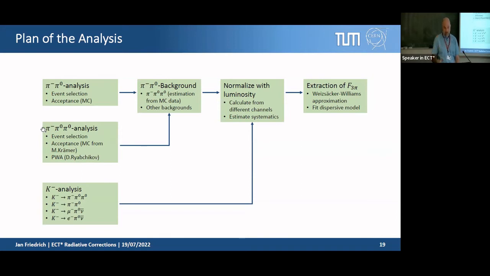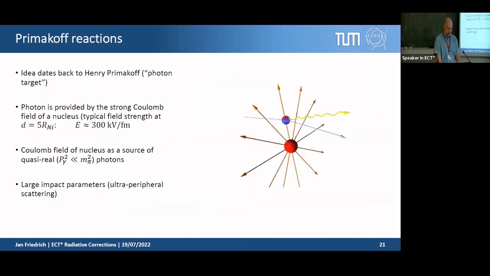Of course, this channel is interesting by itself, understanding all the resonances which contribute. For us, this is a very nice background estimator. And then we have to analyze all the different kaon decays and use this to normalize the luminosity. And this finally allows for the extraction of F3pi.